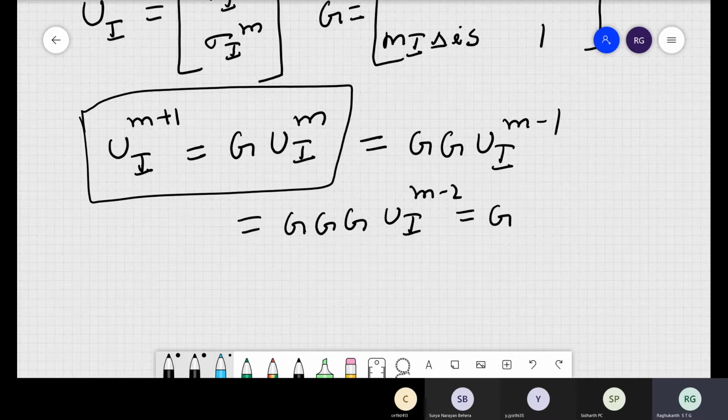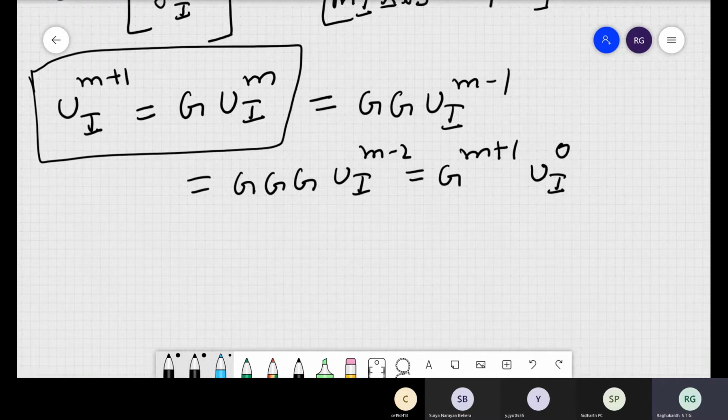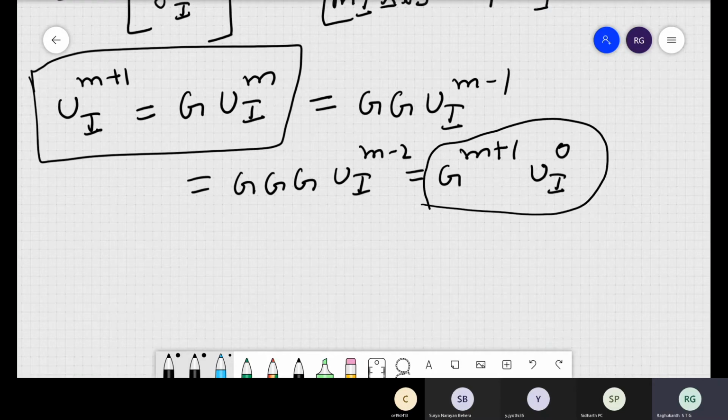So finally you can write this as G to the power m plus 1 times u_i at 0, with G squared, G cubed, like this. If this is your initial velocity and stress at time t equal to 0, and you want to find the solution at the 100th time step, you just have to multiply G by itself 100 times, and you get this solution.